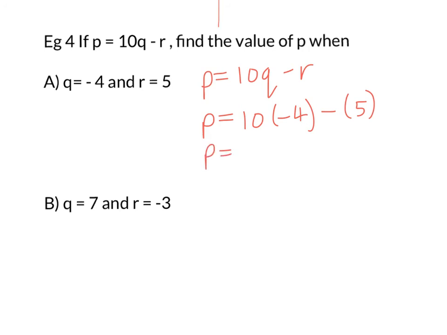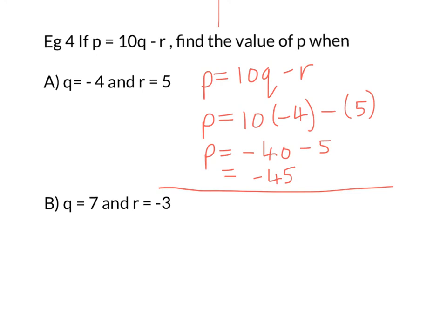P equals, now when these two are together, just remember your algebra, 10Q means 10 times Q. So 10 times negative 4. Remember, a positive times a negative number gives you a negative answer. So we get minus 40, and we're taking away the 5. We can drop the bracket there. If you're on minus 40 on the number line, and you take off another 5, you would end up at minus 45.